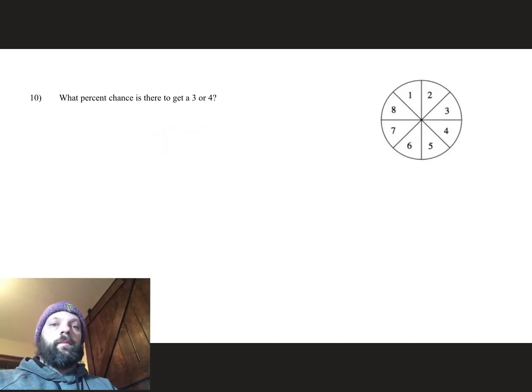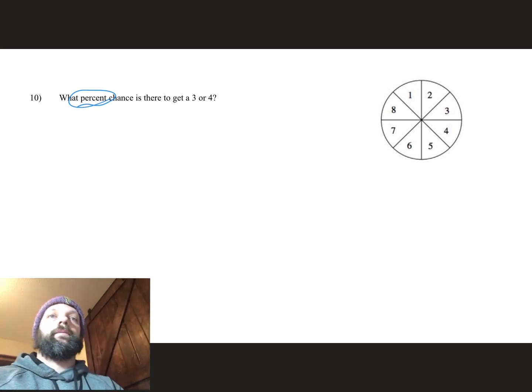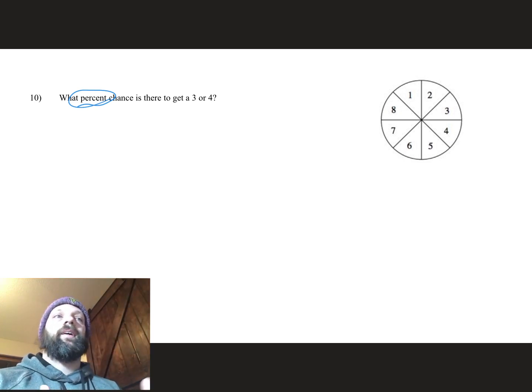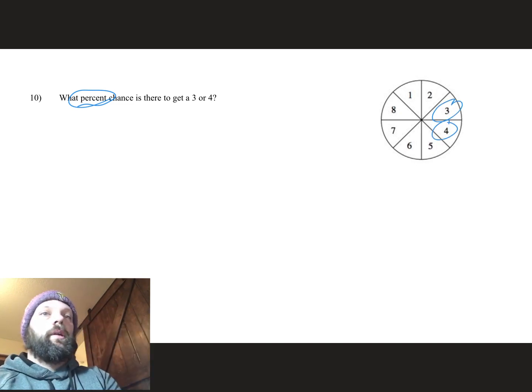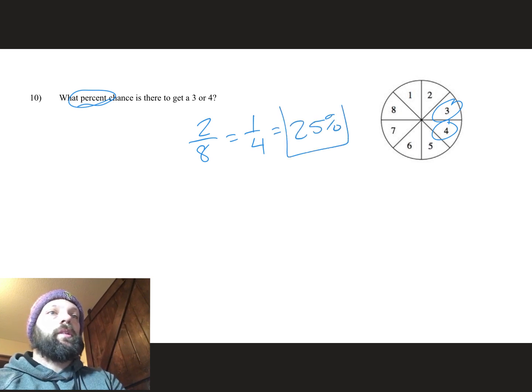All right, the next question says, what is the percent chance that you'll get a 3 or a 4? This is where a lot of people made the mistake, is they wrote their answer as a fraction, not as a percent. So I have 3, I have 4, that's going to be 2 out of 8, which is 1/4. 1/4 is one of those fractions you should have memorized as a percentage, which is 25%. Okay?